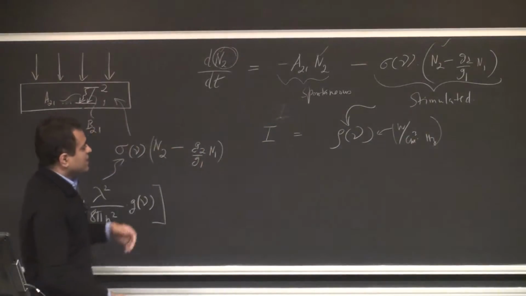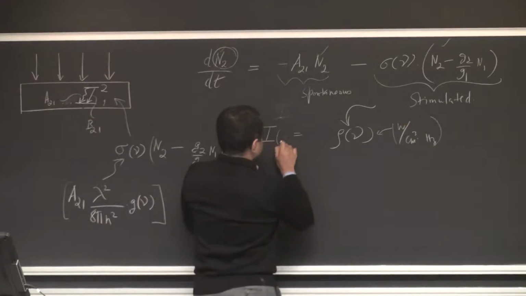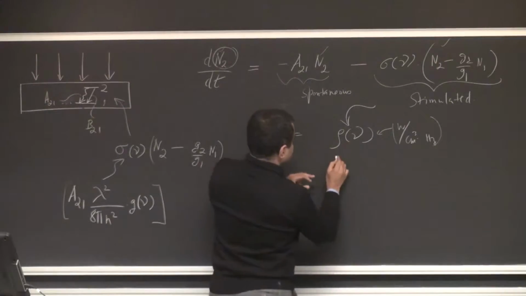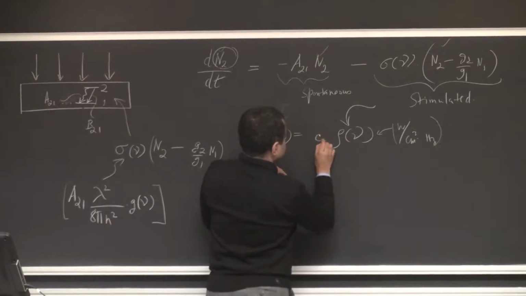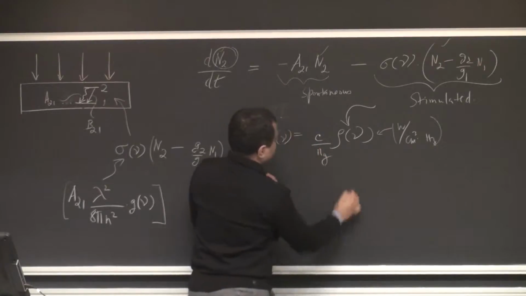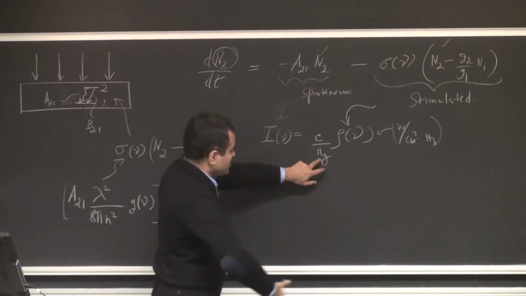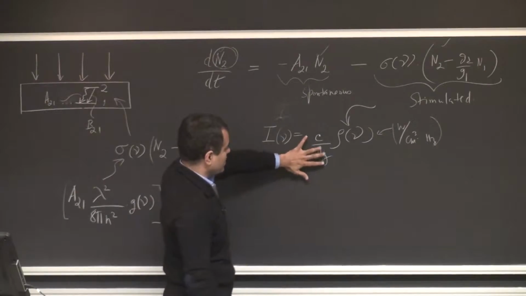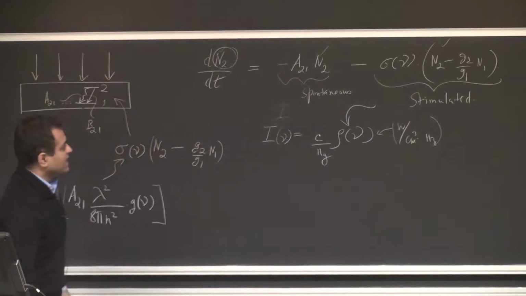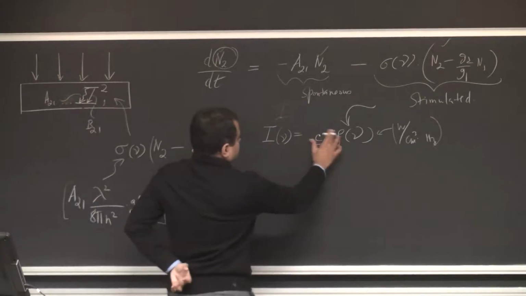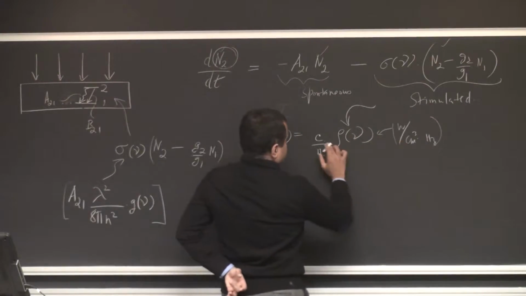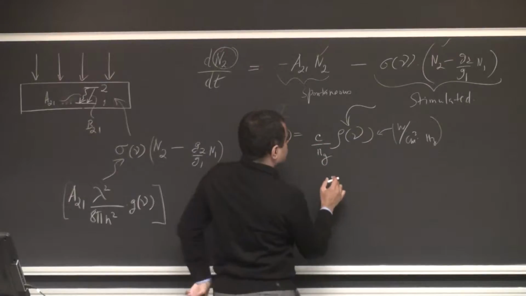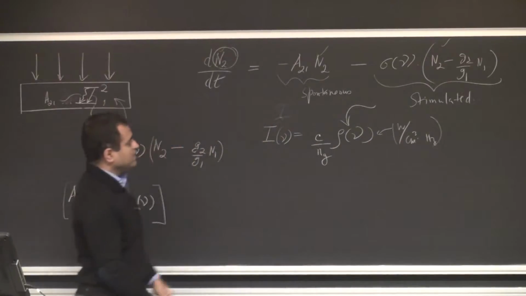Then the intensity as a function of frequency is this, and you see the speed of light over the refractive index, the group velocity refractive index. For many practical cases that is 1, but it's something like that. That converts this into watts per centimeter square, and you get the speed of light involved there.